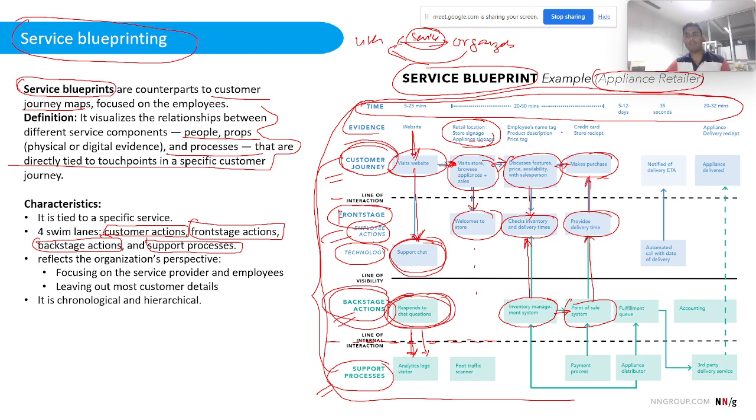There are also different ways; it's not fixed. But mostly in service blueprinting you follow the phases of the customer journey, and accordingly map the front stage activities, backstage actions, and the supportive processes in the organization.